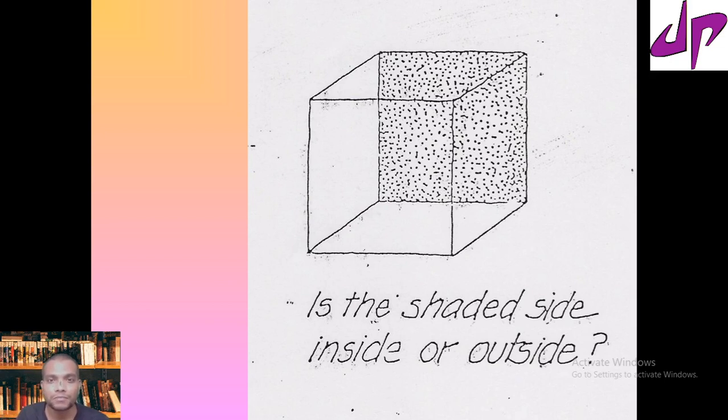Is the shaded side inside or outside? Observe the cube on the screen. The question I am asking is, is the shaded side, the dotted region in the box, inside or outside? Obviously that answer depends upon which angle you look from, which changes the side.